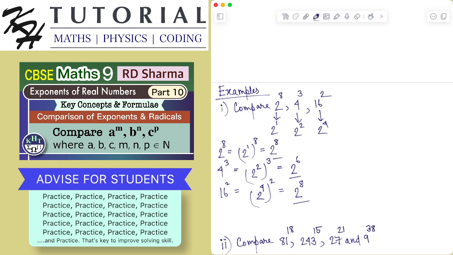Since we know that 6 is less than 8, this will imply that 2 to the power 6 will be less than 2 to the power 8.